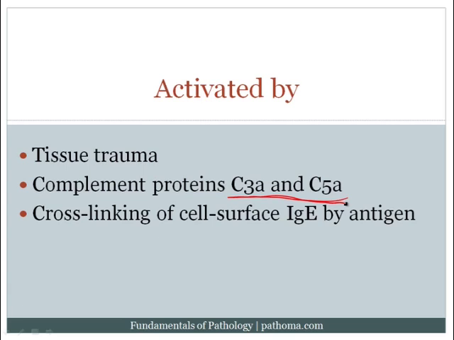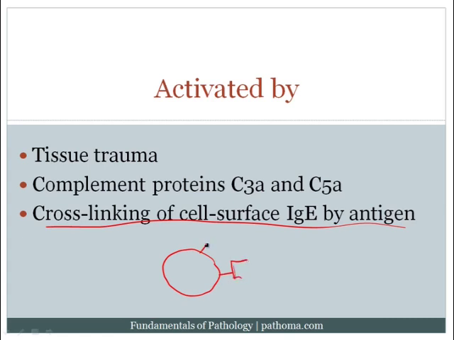However, it's important to bear in mind here that these two proteins, C3a and C5a, activate mast cells. And the third way by which mast cells can be activated, and perhaps the one that we're most familiar with, is cross-linking of surface IgE by antigen. The idea here is that you've got a mast cell, and we know that mast cells express IgE on their surface.